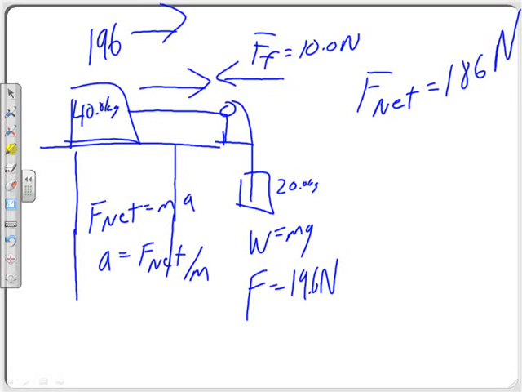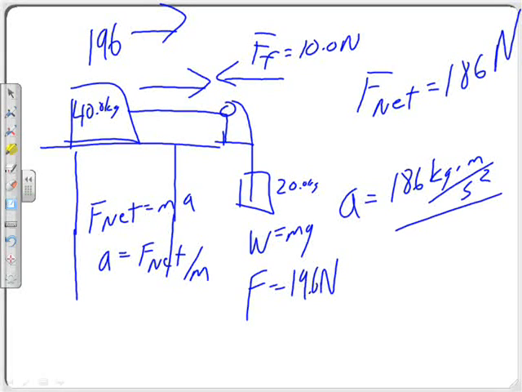So when we get ready to solve for acceleration, we're going to say a equals F net 186 newtons, which I will write this way, because that's what a newton is, divided by the total mass of the system, the total mass that this force is acting on, which is 20 plus 40, 60 kilograms.